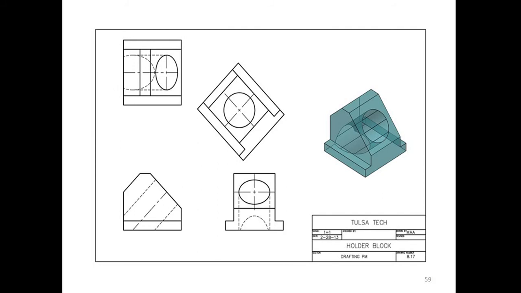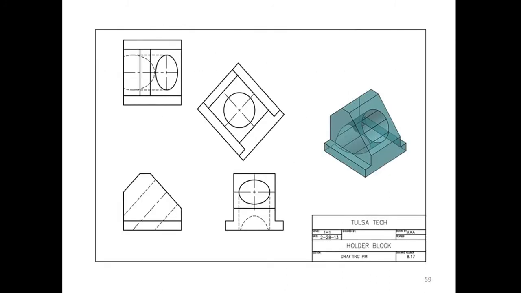Again, this is the third angle projection method, and its auxiliary view is shown in the figure. For the auxiliary view, we consider the cutting plane which is parallel to that slant edge, and accordingly the cutting plane is taken and its auxiliary view is drawn. It is one of the drawings for the holder block.